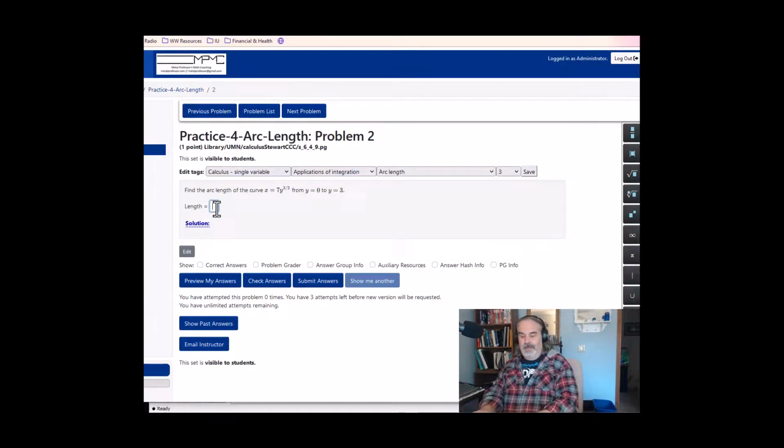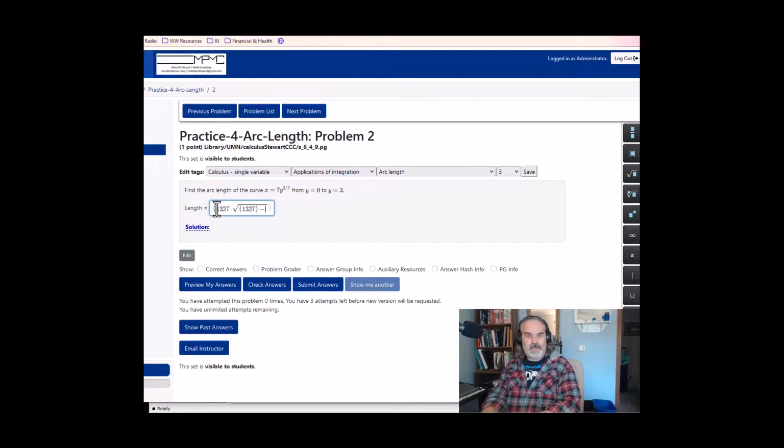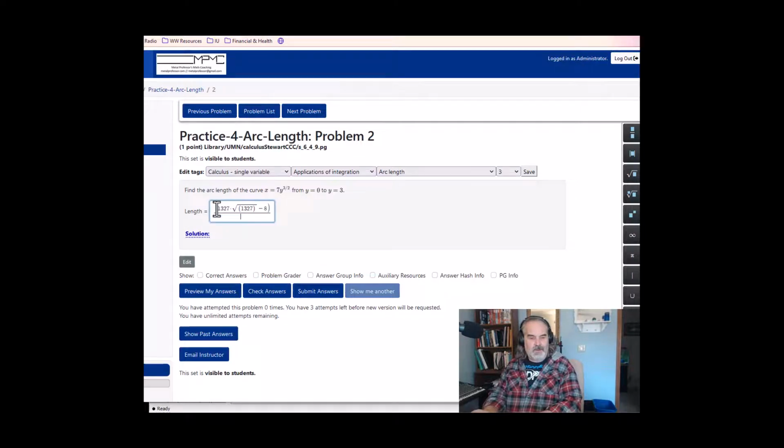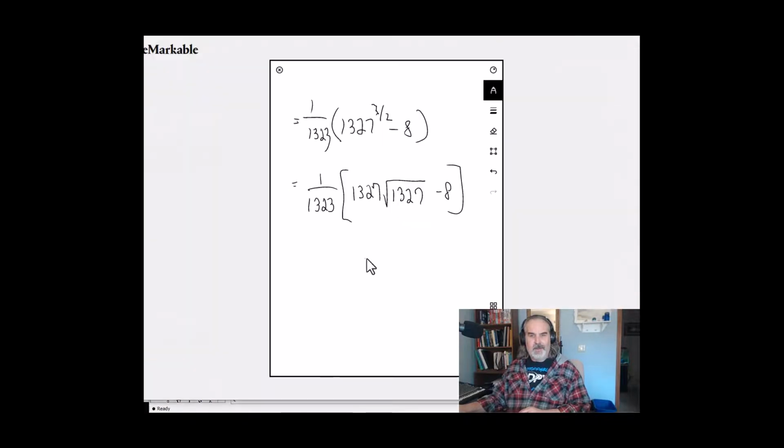Hoo boy. I'm going to save that quotient, that term out front, for last. 1327 times the square root of 1327 minus 8, that whole quantity divided by 1323.